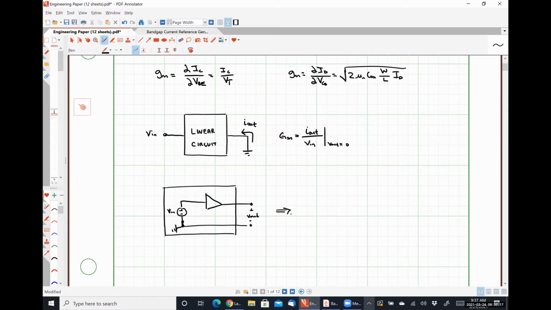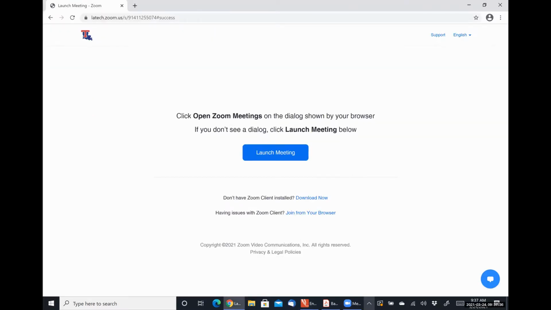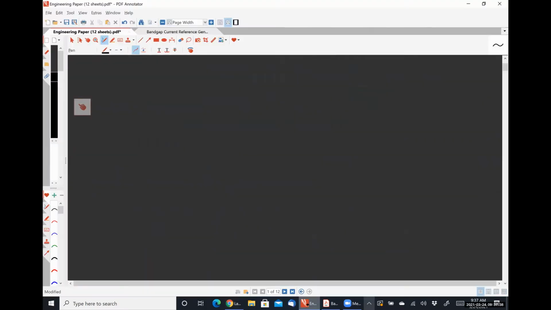So from Norton's theorem, I can make that circuit look like this one. Here is I out. Oops, not what I wanted to do. I apologize.